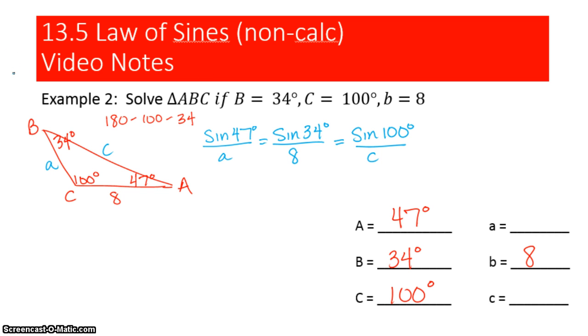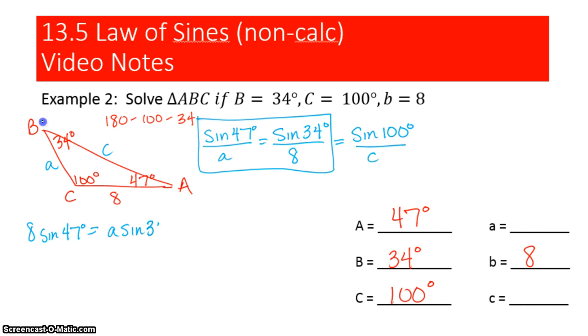Okay, now we need to pick pieces that will give us everything that we need. So we can only have one missing piece, so I'm going to go ahead and use this, or you could have used the second two fractions there, and I'm going to cross multiply. So 8 sine 47 degrees equals A sine 34 degrees.